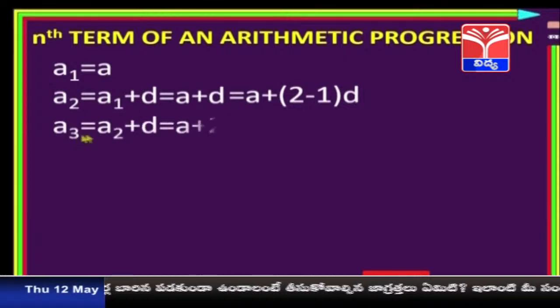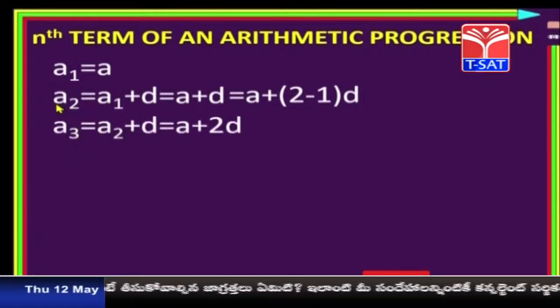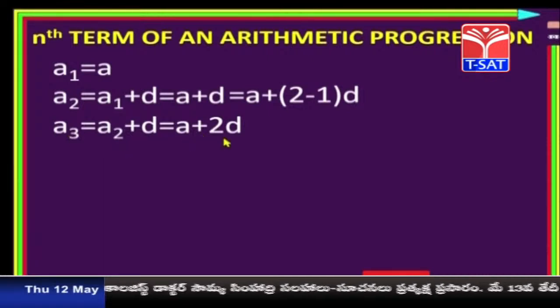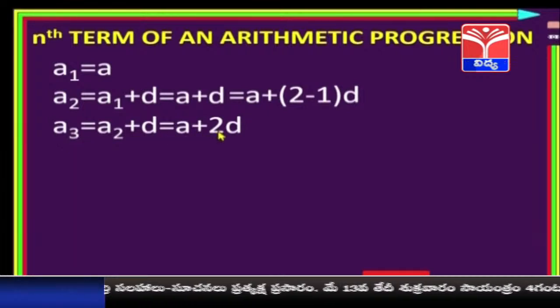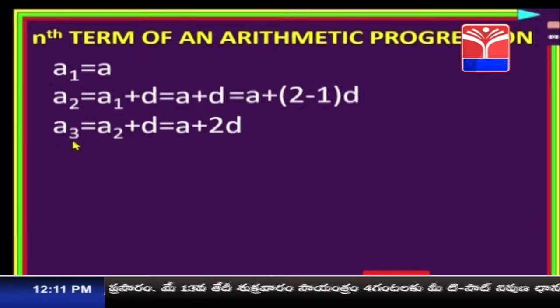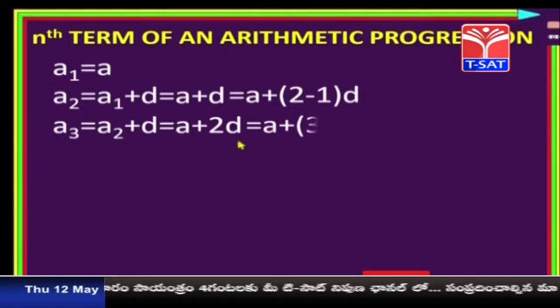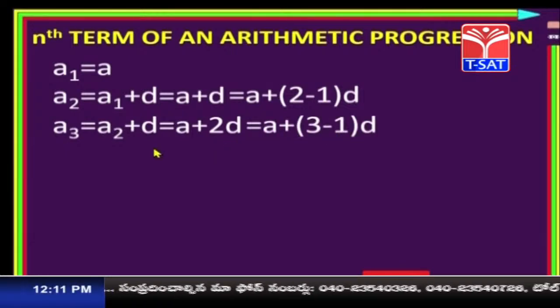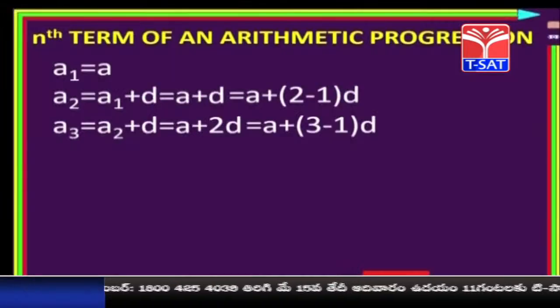Next, what is the third term? The third term is adding D to the second term, that means A plus D plus D, that is A plus 2D. So, here A3 is equal to A plus 2D, right. Here we have 3, here we have 2, that means it was reduced by 1 unit. So, that can be written as A plus (3 minus 1) into D. Students, can you guess what is the next term? A2 is A plus D, A3 is A plus 2D.